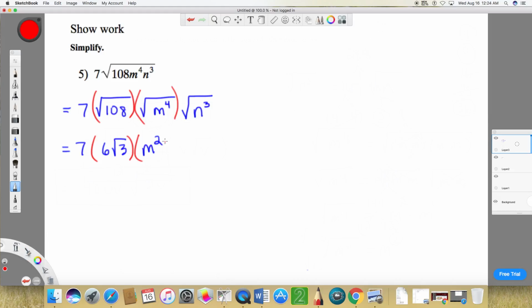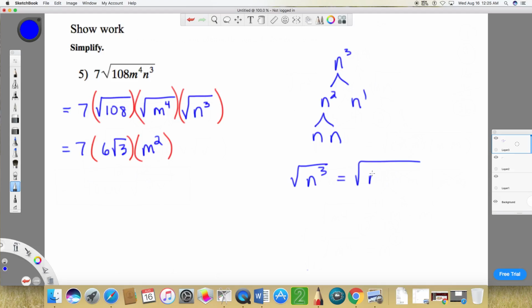And what are we trying to do here? We're trying to simplify this last factor. And when we look at n cubed, we know that here's a pair right here. So we know that n to the 3rd power is n times n times n.